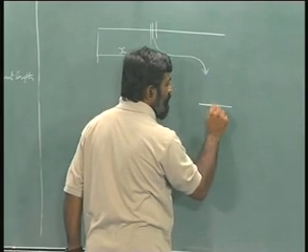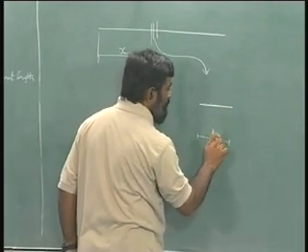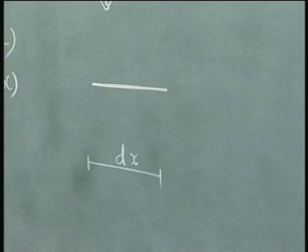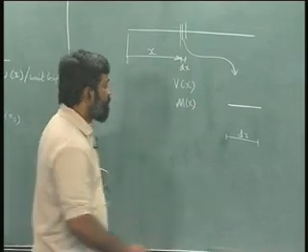So, this is a length which is just dx in length. This is x away from one of those reference points.